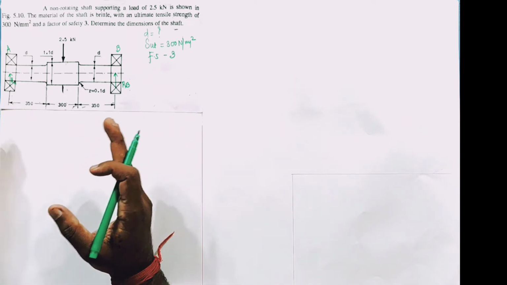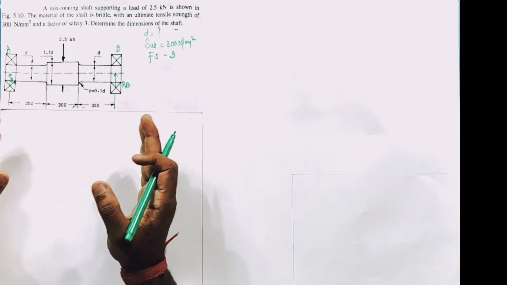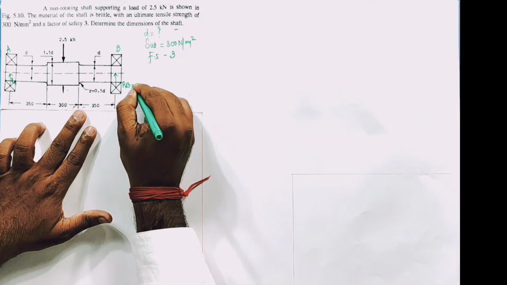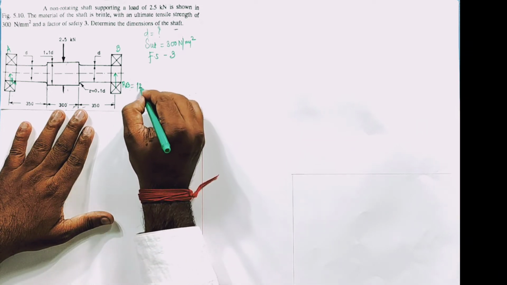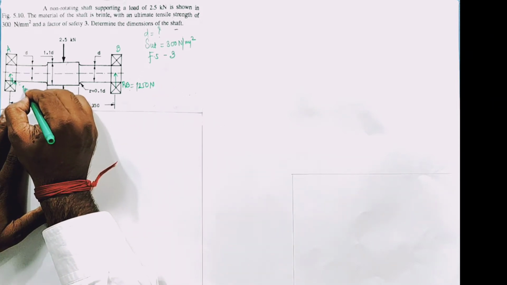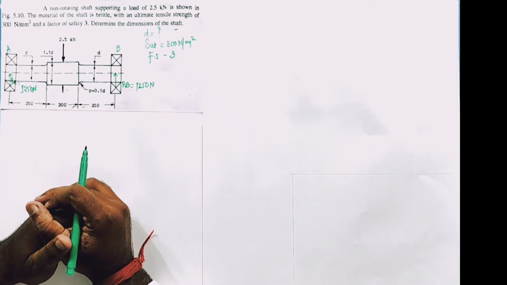So 1250 Newton load is acting on each bearing. That is very important. It is acting at center. So RB I can say 2500 divided by 2, 1250 Newton. RA is also 1250 Newton. Correct? This is the first part of the analysis of your diagram.